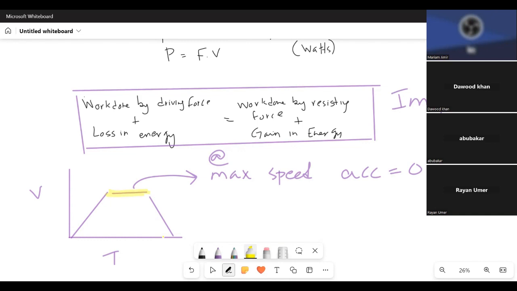So you can deal with it as a constant speed. You can say that the speed is constant in this interval. So acceleration in this interval will be equal to 0. And then forward force is equal to backward force. And forward force in this topic would be the driving force, and the backward force would be the resisting force. Driving force is equal to resisting force.